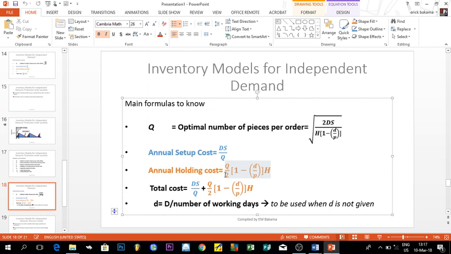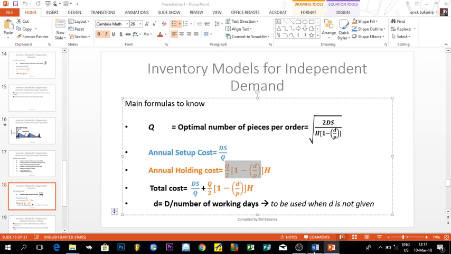To find the maximum inventory, remember that whatever we have here, Q divided by 2 and so on, this part here is the average inventory. So it is the maximum inventory divided by 2.